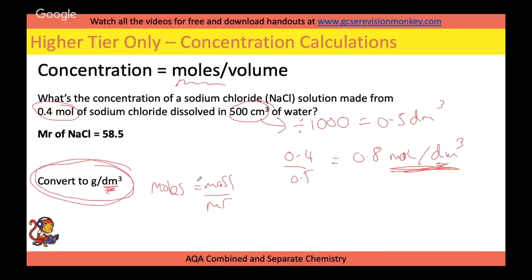Okay, rearrange that, mass equals moles times Mr. So we'd have 0.8 from before multiplied by the relative formula mass of sodium chloride, which they've given you here, to give you 46.8 grams per decimetre cubed.